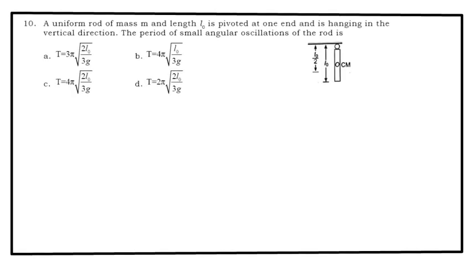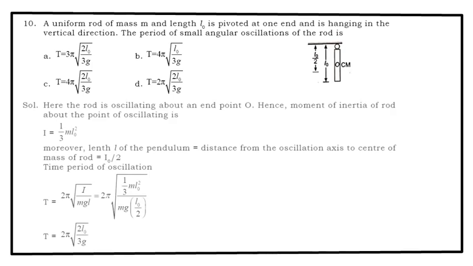A uniform rod of mass M and length L0 is pivoted at one end and is hanging in the vertical direction. The period of small angular oscillations of the rod is. Now you know I, when the rod is rotating about one of its end, I is equal to ML square upon 3. Moreover, the length L of the pendulum is equal to distance of oscillation axis to the center of mass of the rod, that is equal to L0 by 2.